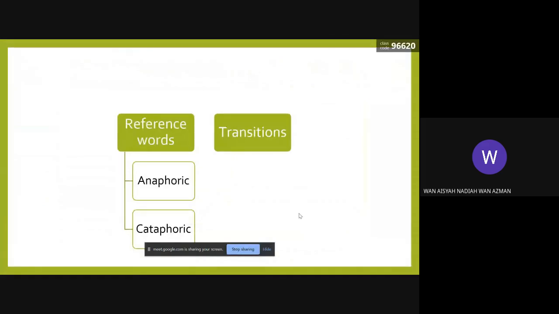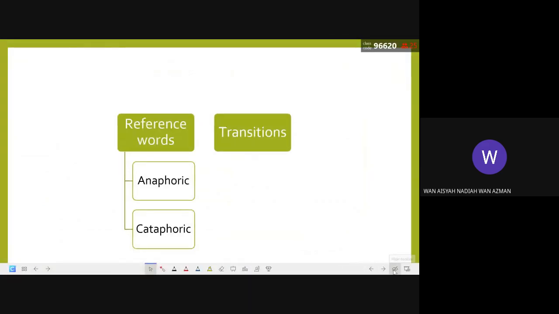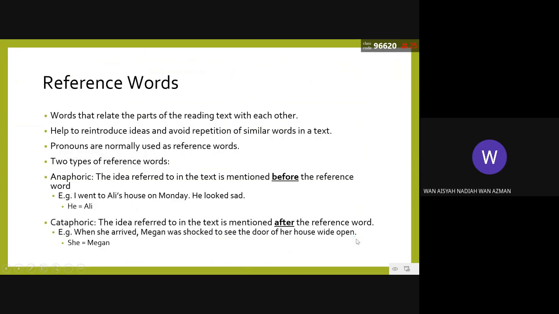So let's take a look at the types of reference words. We have two types: the first one is the anaphoric, and the second one is the cataphoric. But firstly, reference words are words that relate the parts of the reading text with each other.